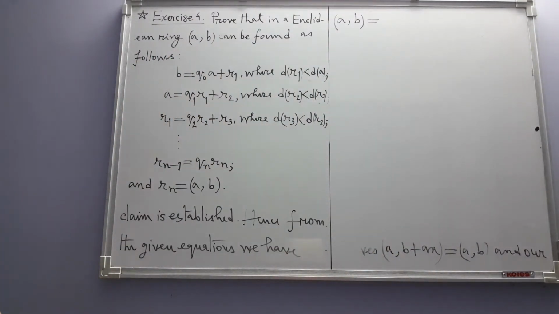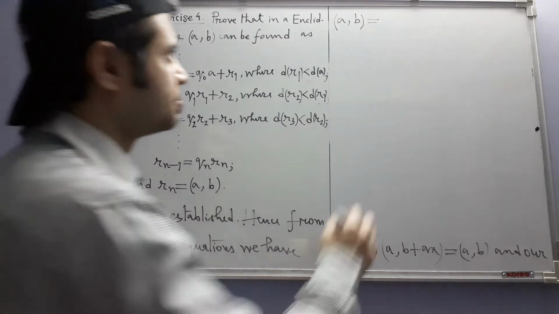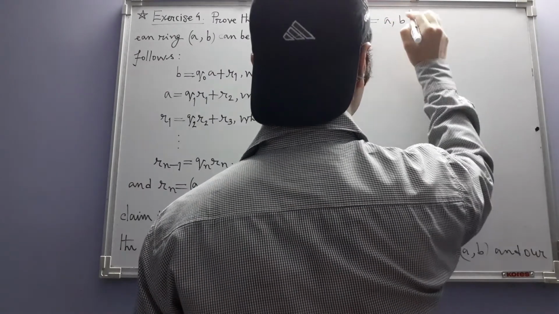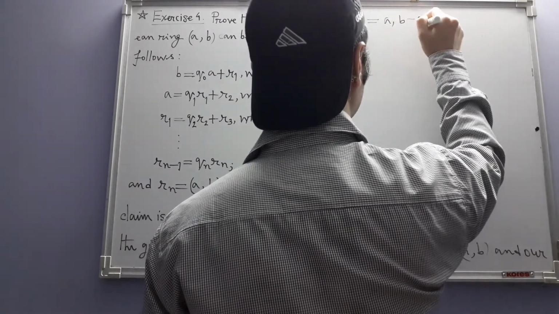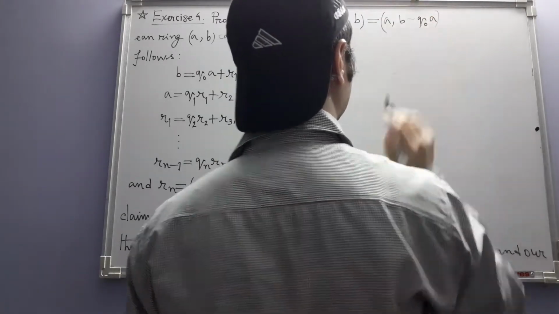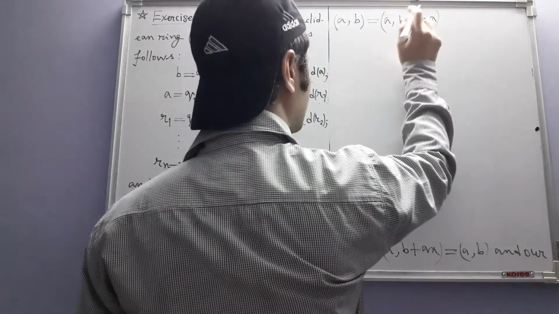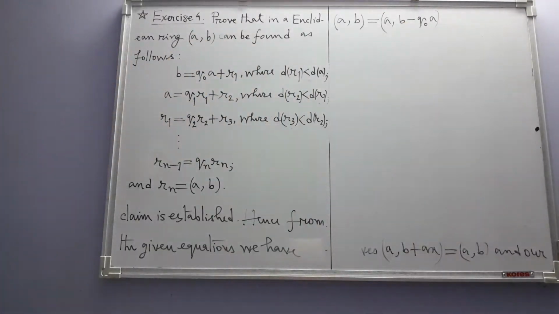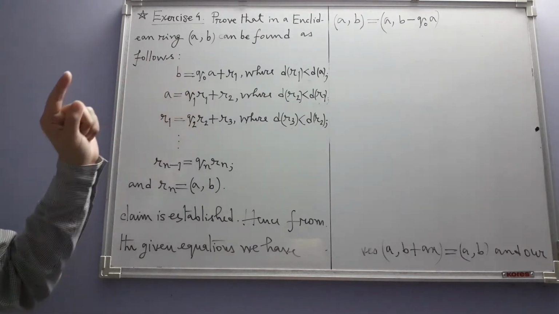So in place of X we take minus Q naught, that is A comma B plus minus Q naught A. This is also of the form B plus AX, where in place of X we have minus Q naught.